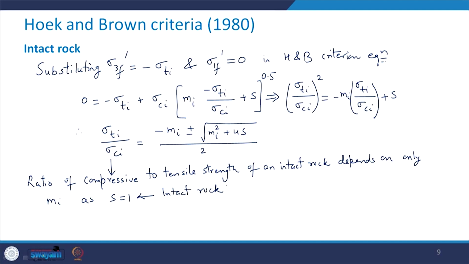So, you see that for the intact rock, s is going to be equal to 1, and therefore this ratio will be only a function of m.